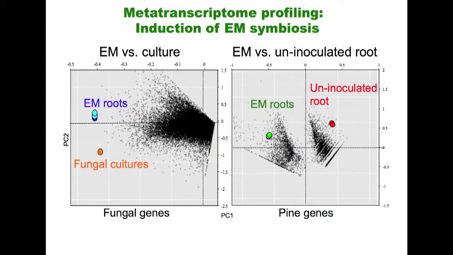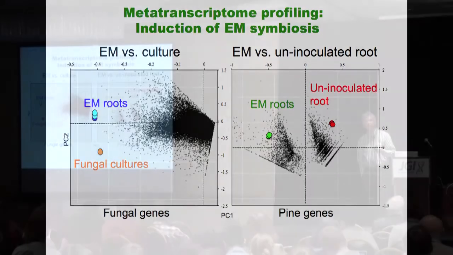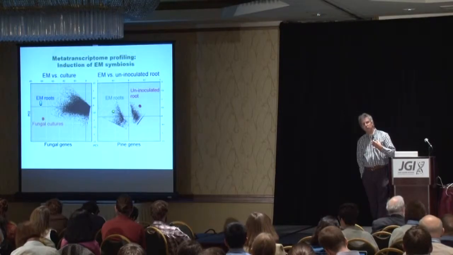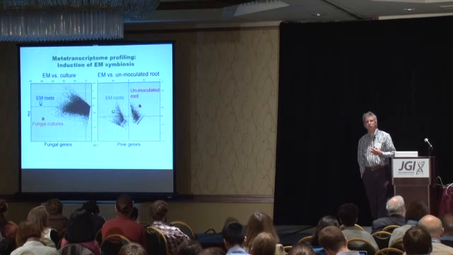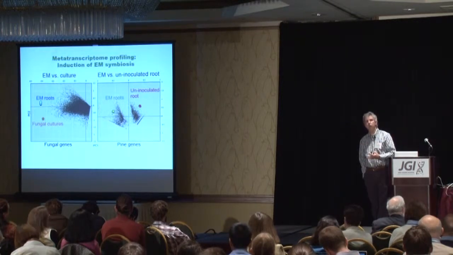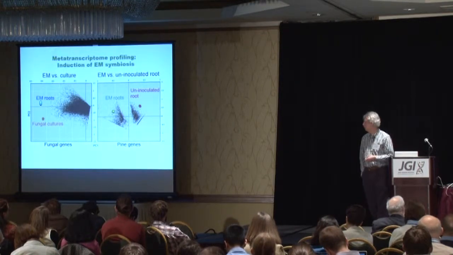And so if we look at it from the fungal standpoint, you can see that ectomycorrhizal roots have a very different trajectory in terms of their transcription profile than fungal cultures, shown here. And so that's nice because there's somewhere on the order of about 300 fungal genes that are heavily upregulated in response to ectomycorrhiza formation.